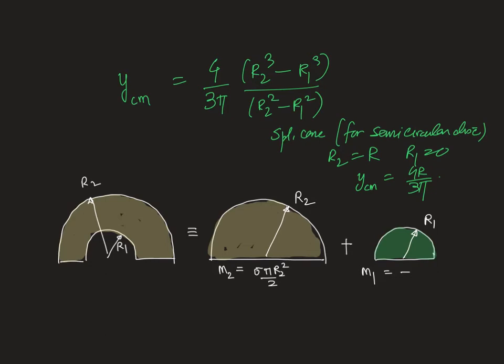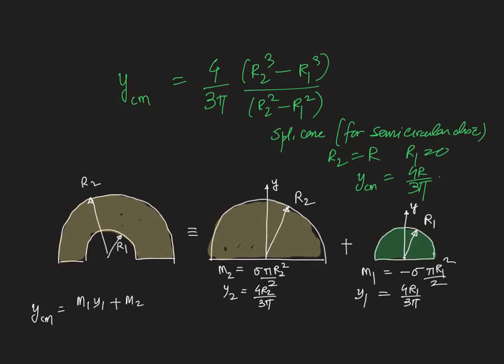If you superpose this, the same y-axis is here. So M1 is minus sigma into pi R1 square by 2. Now what about y2? Y2 is 4R2 by 3 pi, and y1 is 4R1 by 3 pi. And as you know, YCM is M1Y1 plus M2Y2 divided by M1 plus M2.